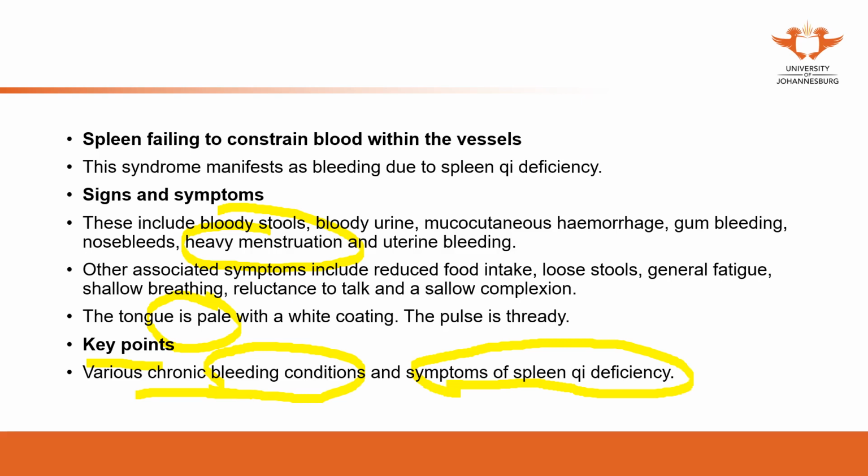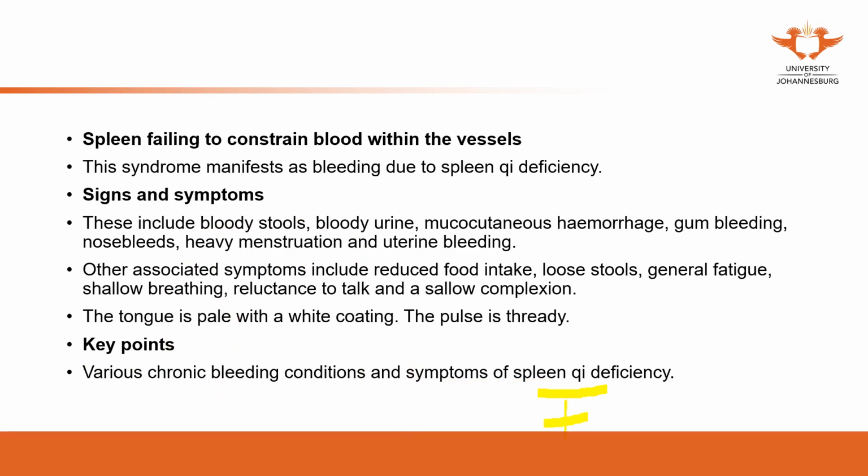The qi deficiency will result in the bleeding, and the bleeding will result in the blood deficiency, which means the patient may present with chronic bleeding and the spleen qi deficiency symptoms plus the blood deficiency symptoms. That's the consequence from the bleeding. So that's the key manifestations of this syndrome.